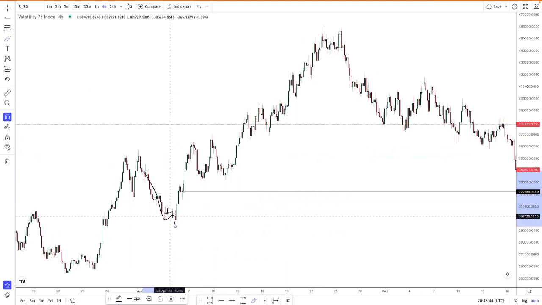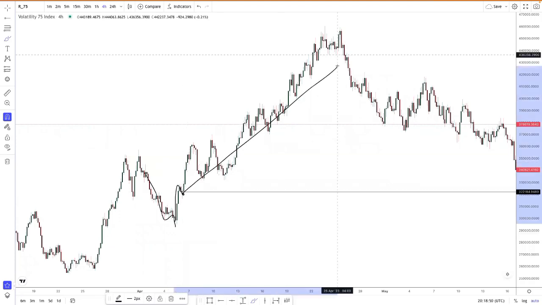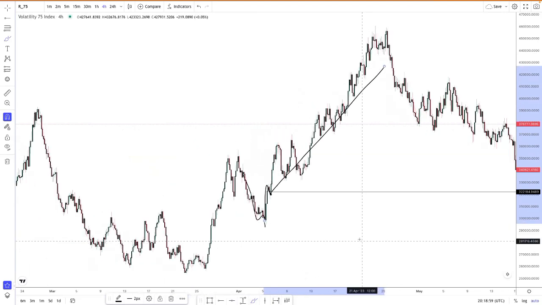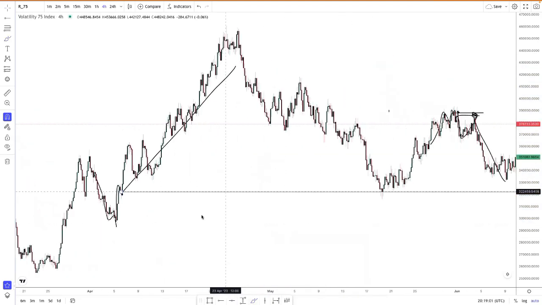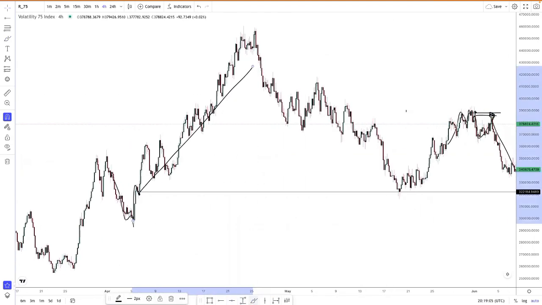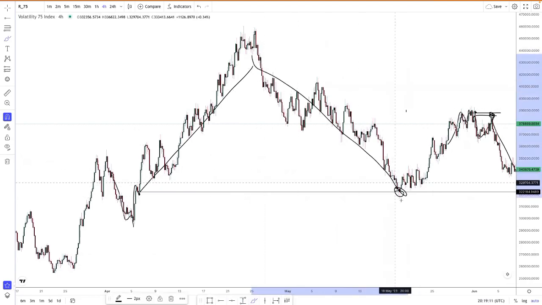We had our invalidation and we had our new invalidation right here. This new invalidation didn't respect our invalidation. Remember, we say that some new invalidations may not respect our structure, whereby if we check, we can see that price came to respect our new invalidation right here. And that's when we have this buy trade.